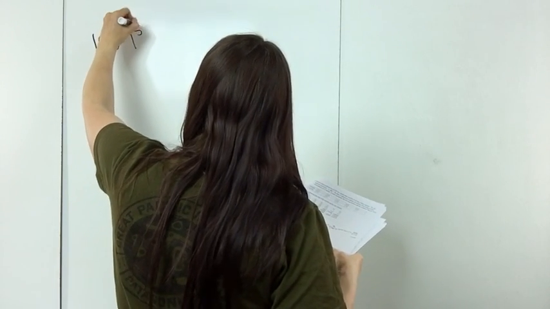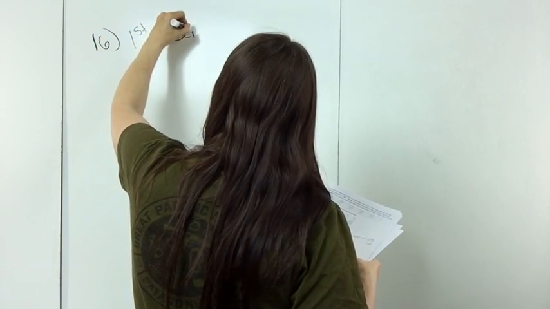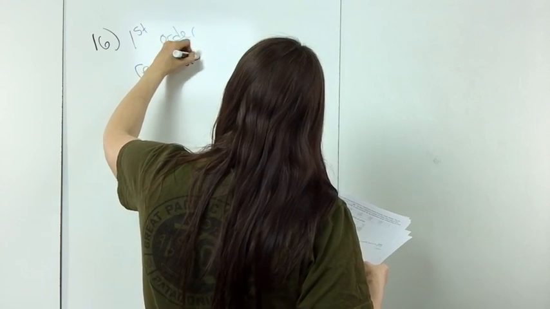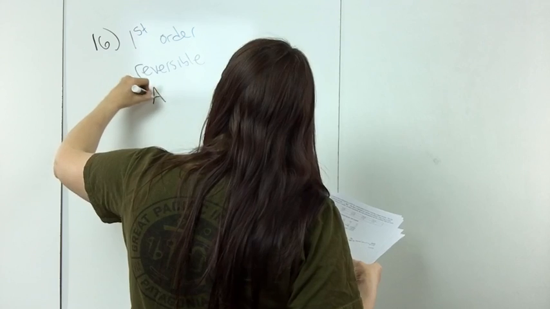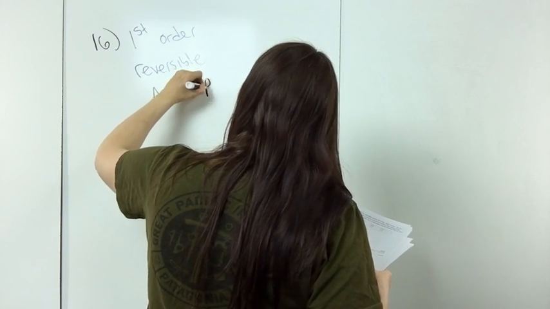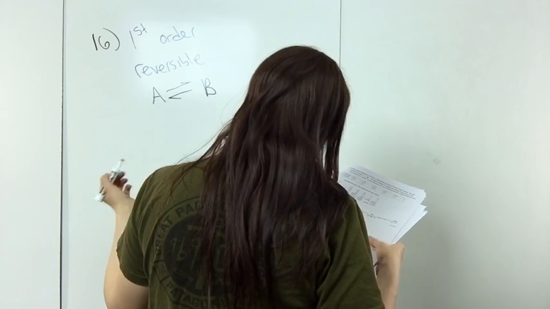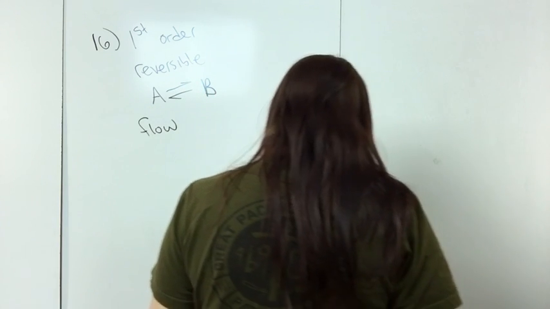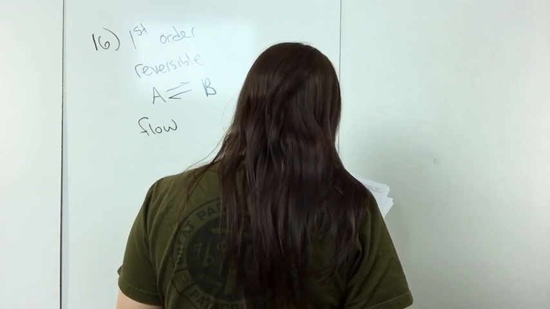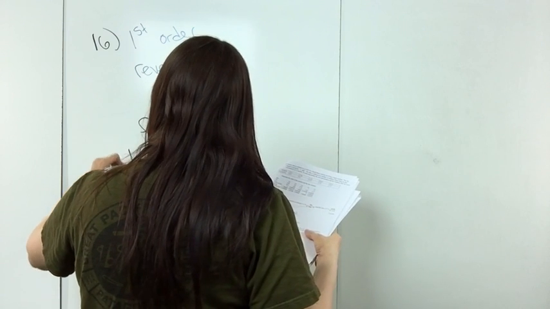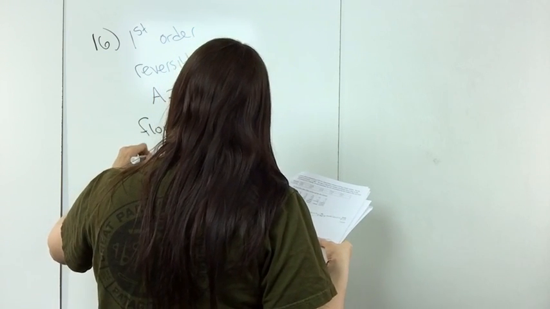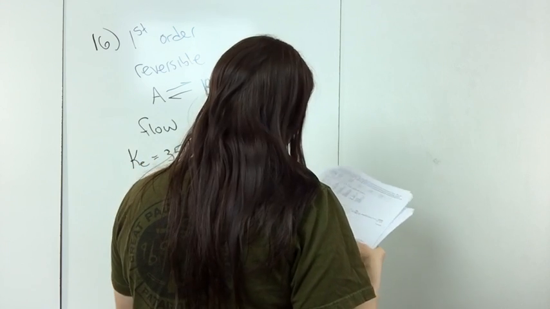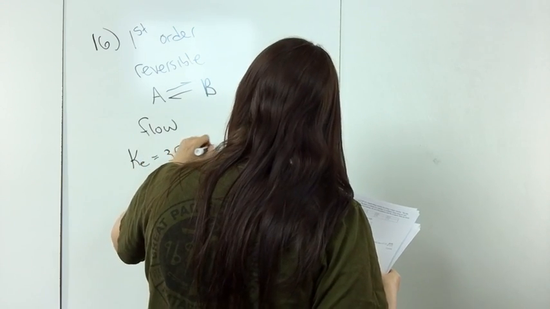So you have first order, it's reversible, A to B, is in a flow reactor, so flow. The equilibrium constant at 300 K is 35, so Ke is equal to 35 at 300 K.